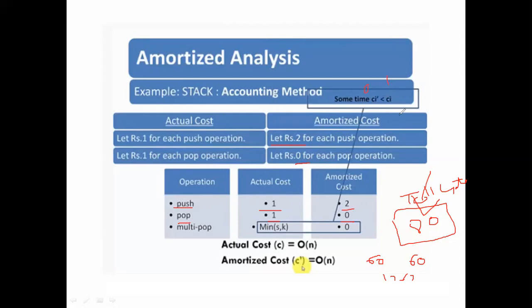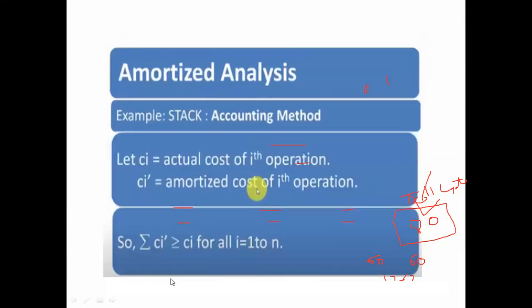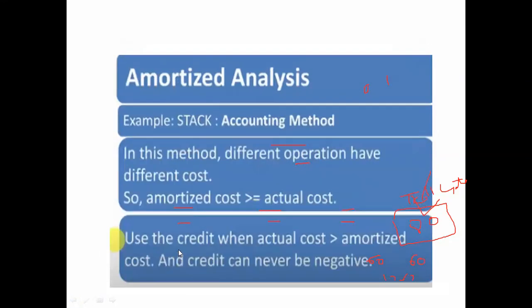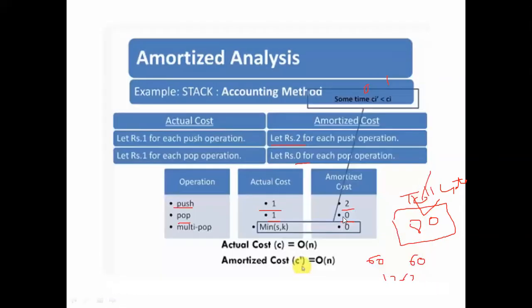So this is the credit value. When we use the credit, the actual cost is greater than the amortized cost. That is nothing but the credit value.